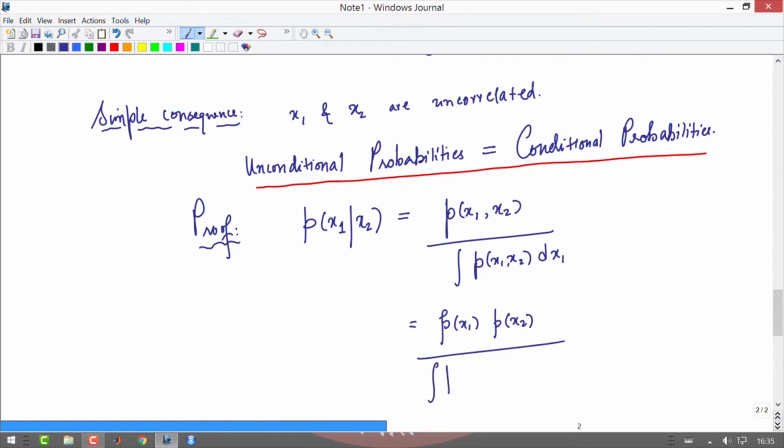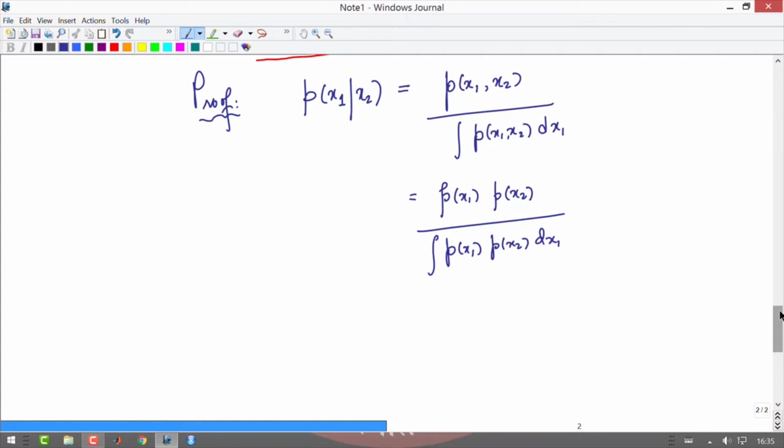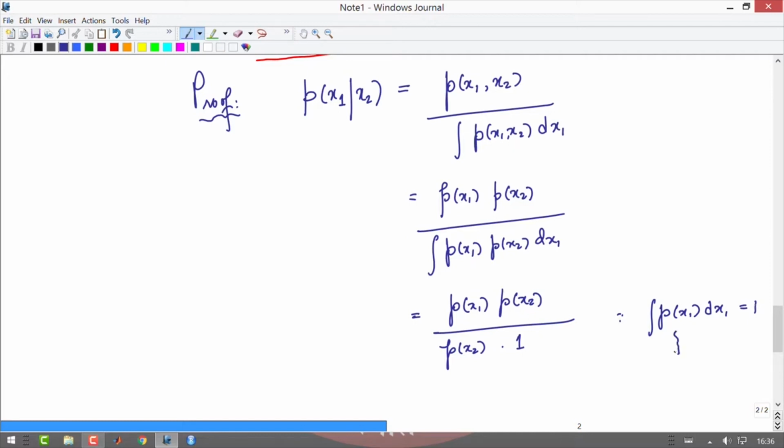And by the same logic, I can write down the denominator as p of x1 into p of x2, integration over all values of x1. So p of x2 will come outside the integral, and the integration of p(x1) dx1 is simply 1, because the distribution is normalized, leaving us with just p of x2.